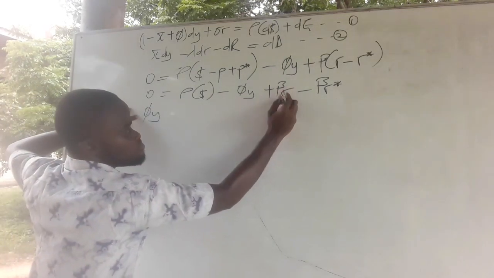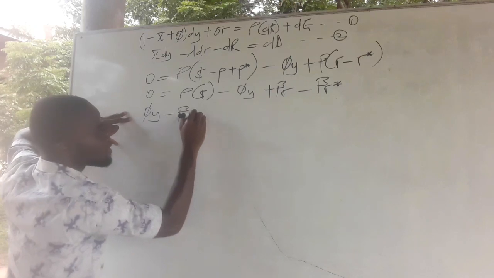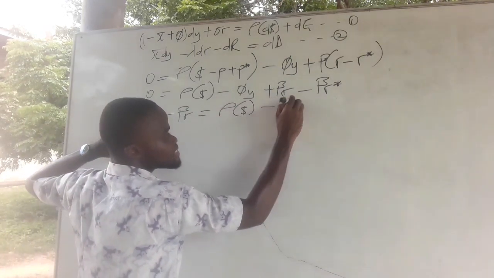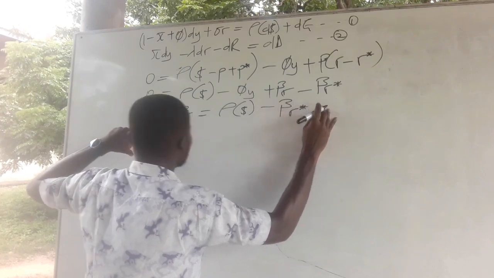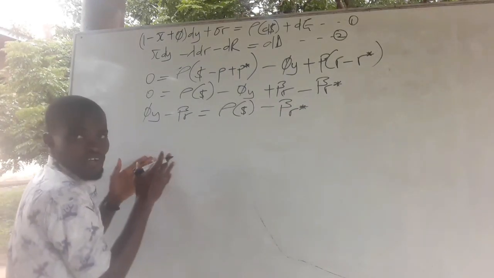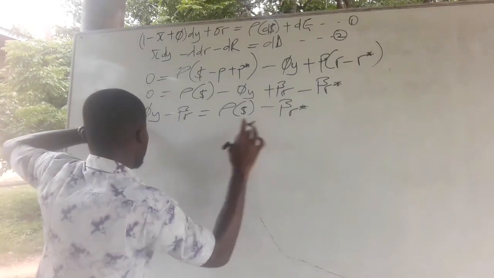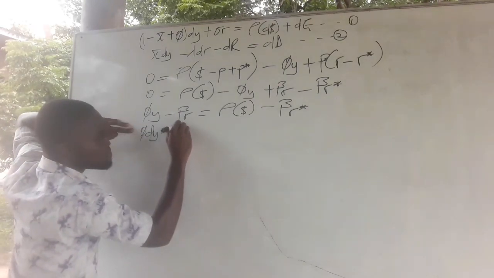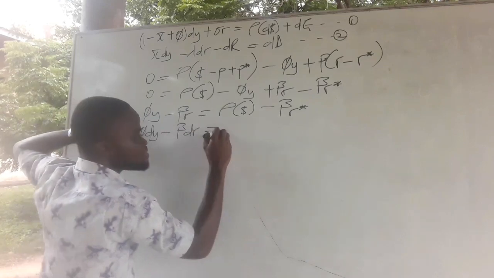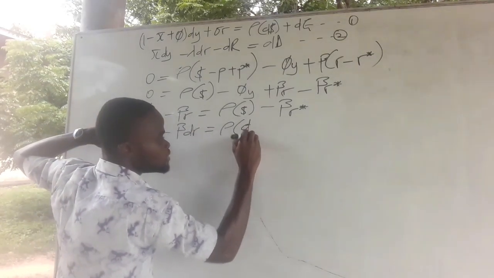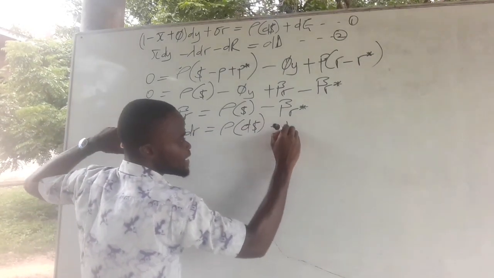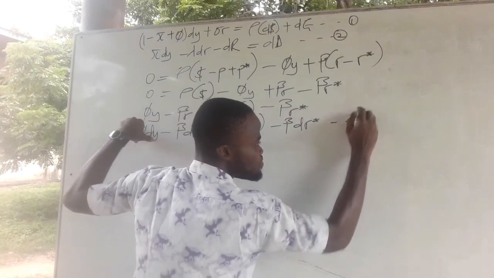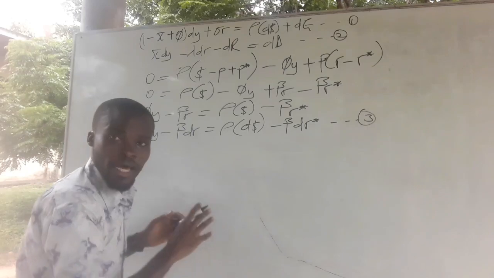We have interest rate also here, beta r, which is equal to rho dollar sign minus beta r star. Now the last thing we will do is take the total derivative of the equation. So we maintain our parameter, theta dy minus beta dr, which is equal to rho the dollar sign minus beta dr star, giving us equation 3. So that is for the balance of payment curve.